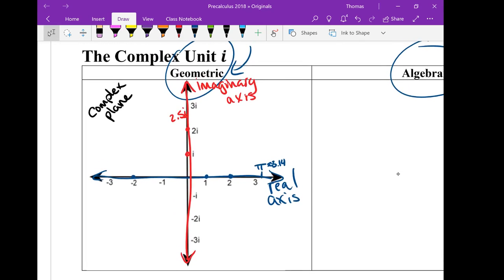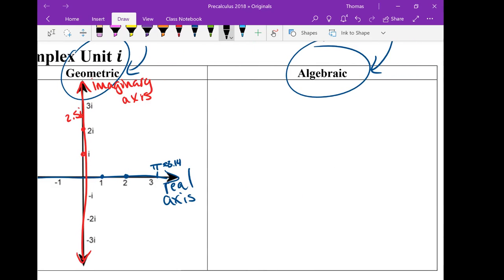And so let's start to look at how we can manipulate our unit i and see what it looks like on the graph at the left. So algebraically, let's see what happens when we multiply by i. What happens when we multiply by our imaginary unit i?